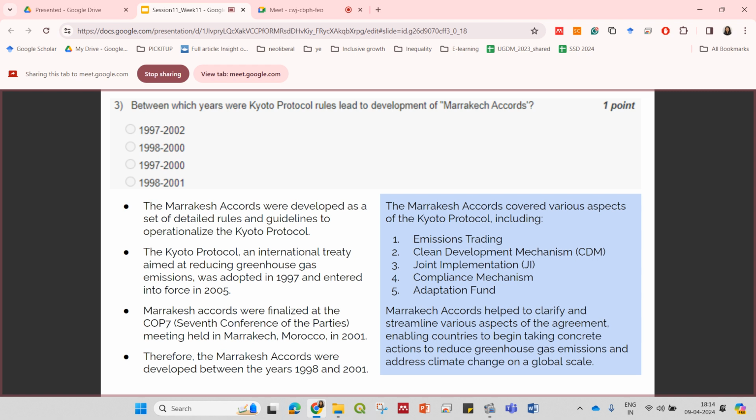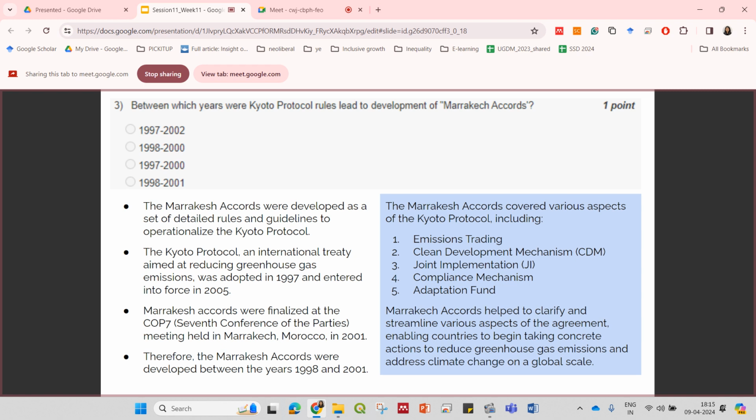So as we saw earlier, Copenhagen Accords were also made as rules or regulations for application of the climate change operationalization guidelines, but because there was a lot of criticism or shortcomings in the earlier accord, further detailed rules and guidelines needed to be made.